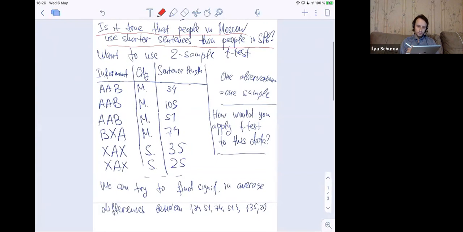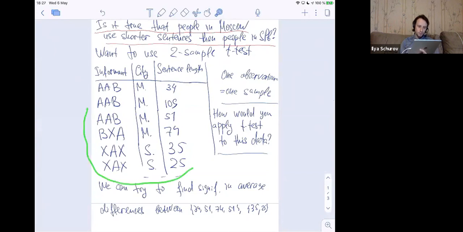In fact, let us think about this table. If I just use these numbers in the t-test, then I think about it in the following way: if I repeat this experiment, I will take the same informants, but I will ask them to produce different texts.